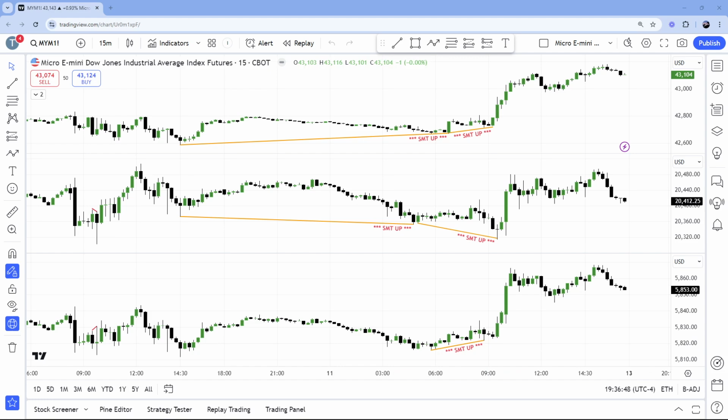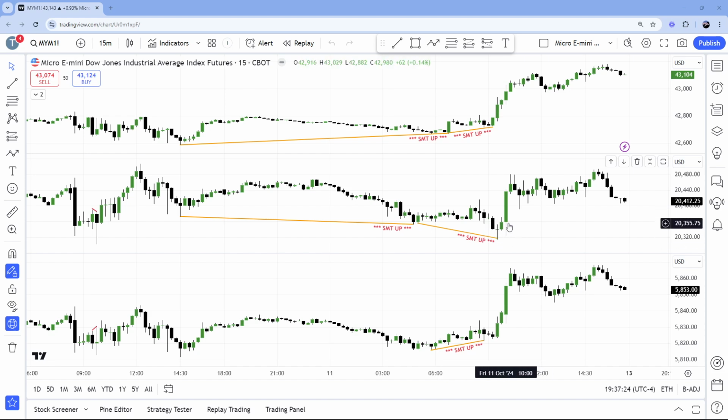However, the NASDAQ was making a lower low. So this is a higher low. S&P making higher lows, but NASDAQ making lower lows, which is a bullish SMT divergence. Why?